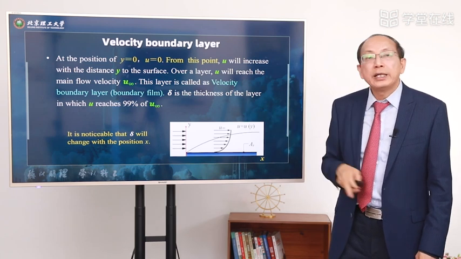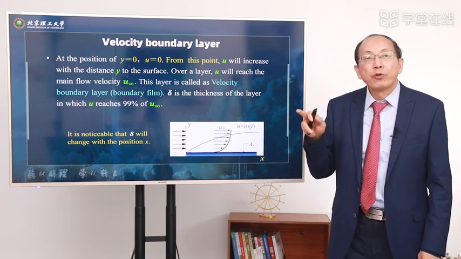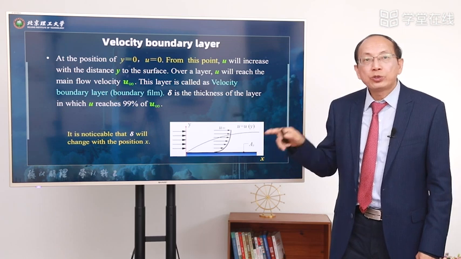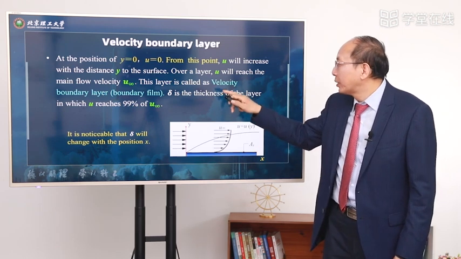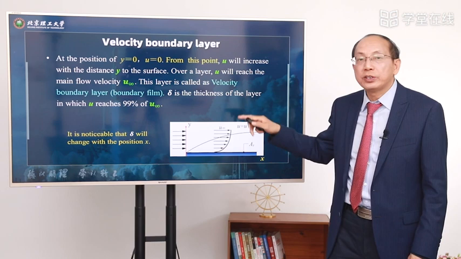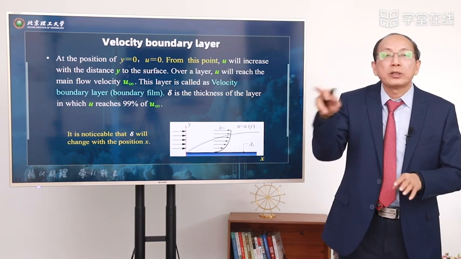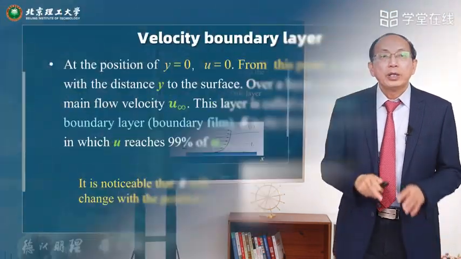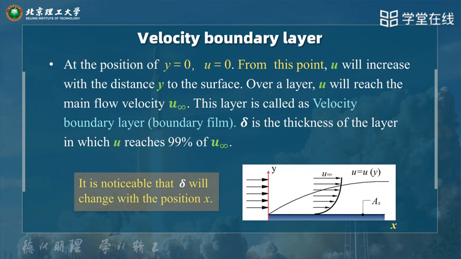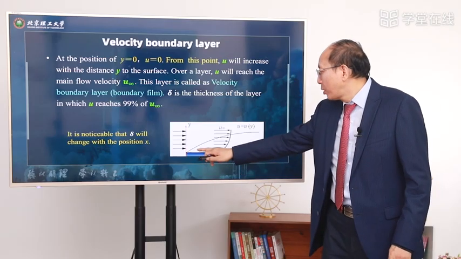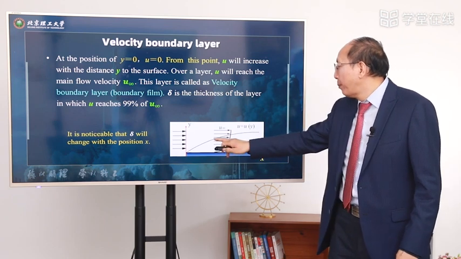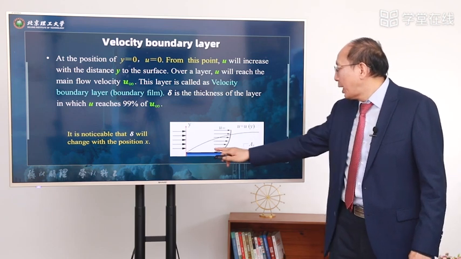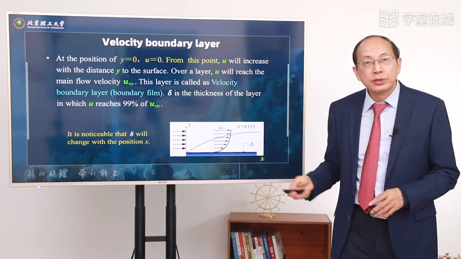In the layer, the point where the flow velocity u reaches 99% of u infinite is just the boundary. It is noticeable that the thickness will change with the position x. So the layer becomes thicker as x increases.